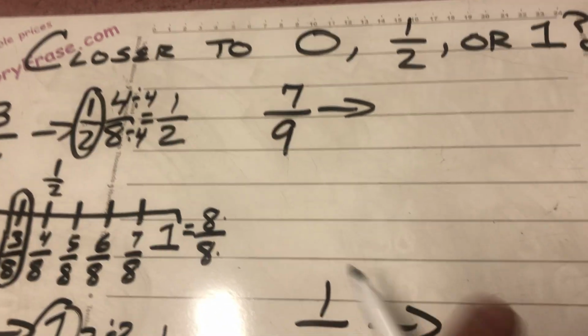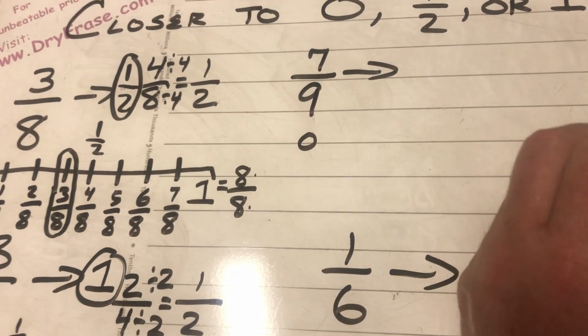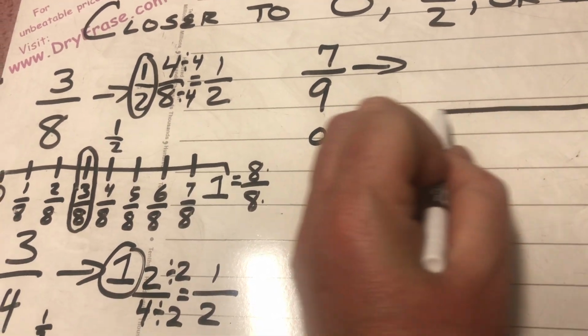Well, same idea. Number line. Starts with 0, ends with 1.